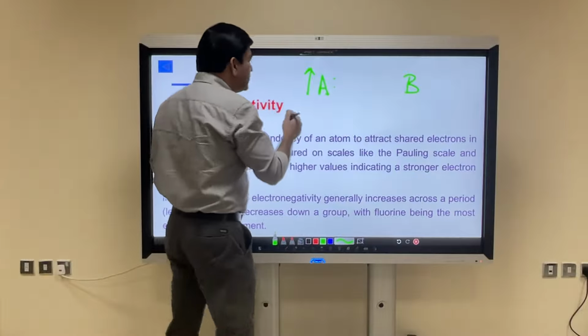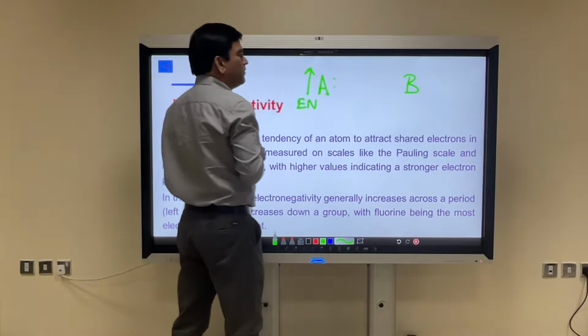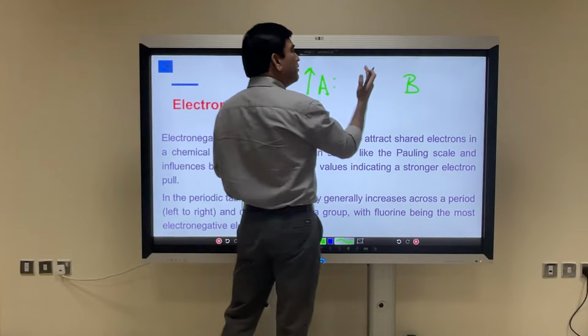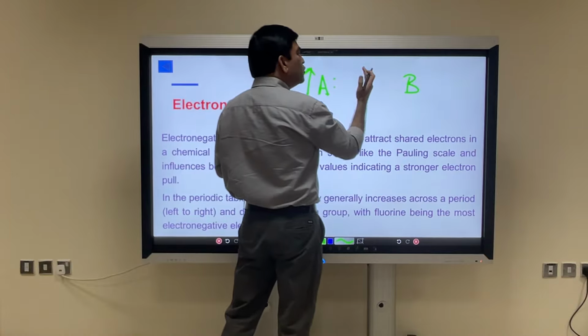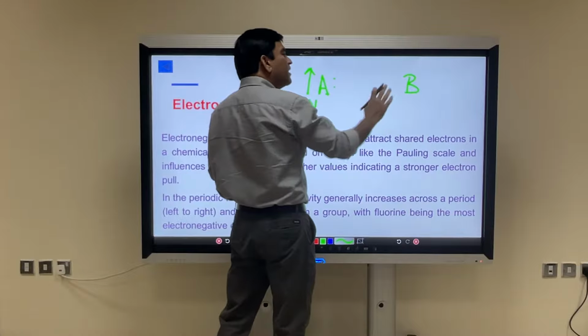Because the electronegativity of A is more. It is pulling the electron pair towards itself. Now this electron pair is near A and away from B.